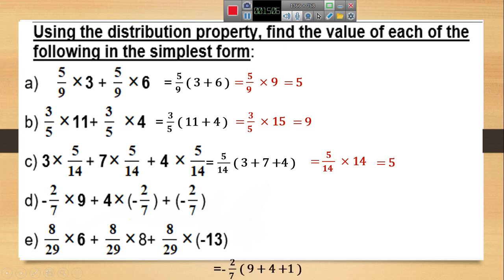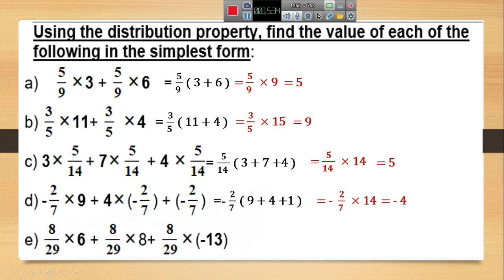So to write the answer, don't forget, after writing the repeated fraction negative 2 over 7 and opening the bracket, you write the other numbers 9 plus 4 plus 1. Don't forget to write plus 1. After calculating this, we get 14 times negative 2 over 7, and we get negative 4.